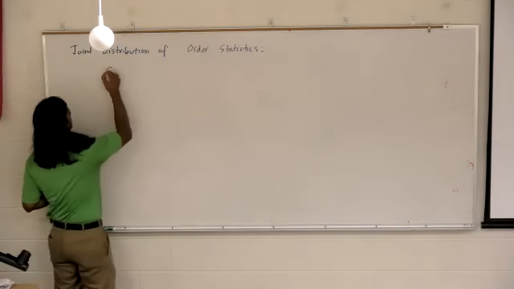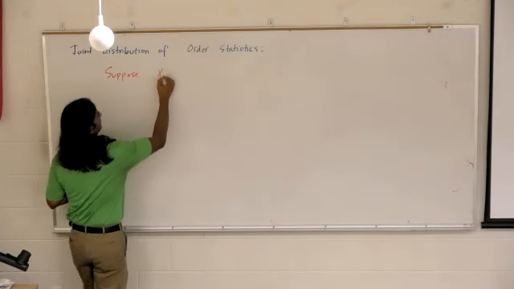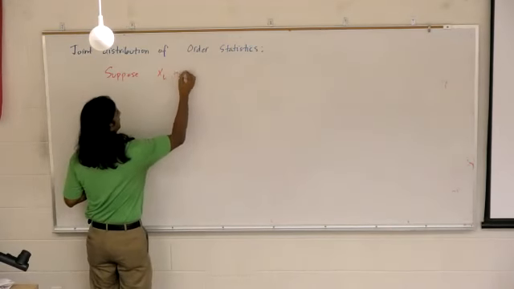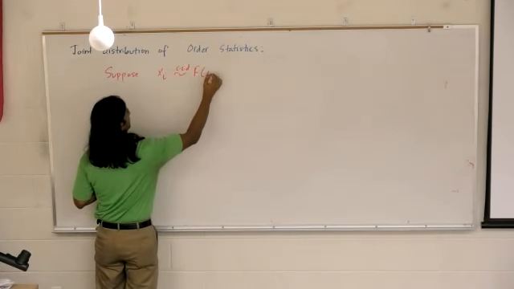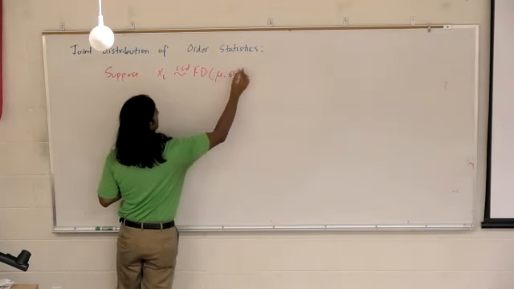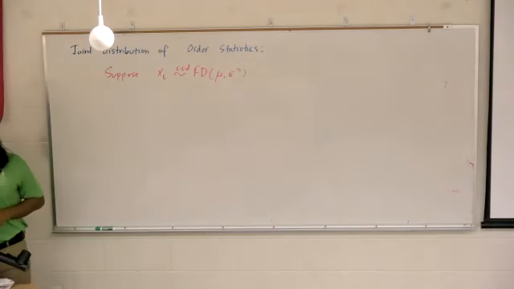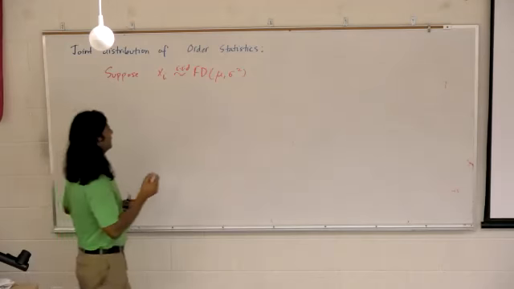Suppose you have a sample that comes from some finite distribution with some mean, some finite variance.